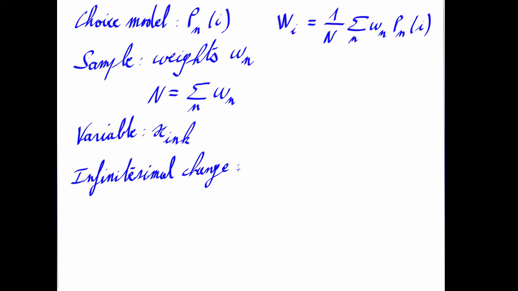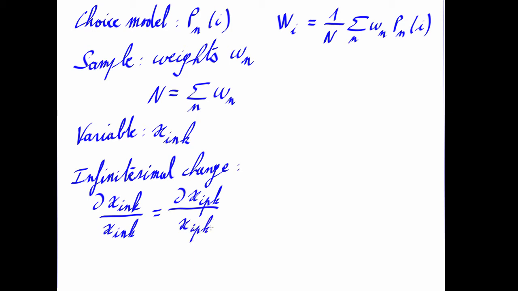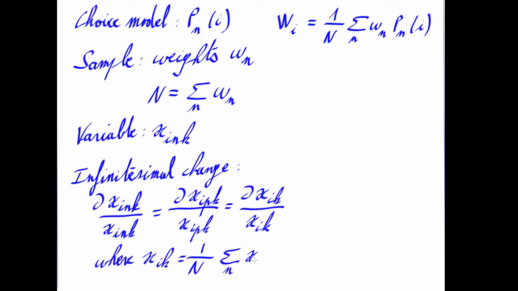So we assume that for individual n, the infinitesimal change of x_ink divided by x_ink is the same as for individual p, the infinitesimal change of x_ipk divided by x_ipk. This is true for any individual n or p in the sample, and it is equal to the infinitesimal change of the average value of the variable divided by the average value, where the average value is 1 divided by N times the sum over n of x_ink.